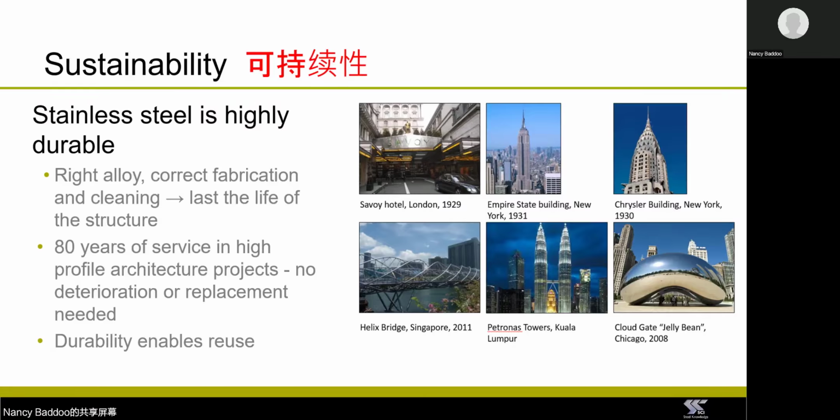Firstly, stainless steel is highly durable. Structures made of stainless steel can last for many, many decades, even in aggressive environments, without significant degradation. I've shown on this slide some examples of structures dating back to 1929 in London.